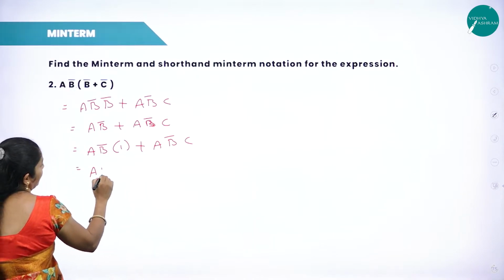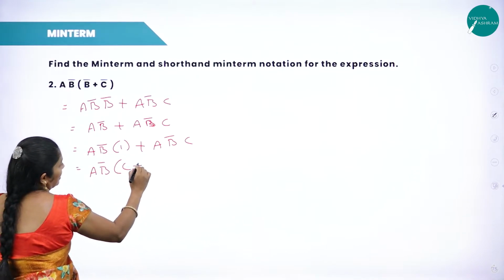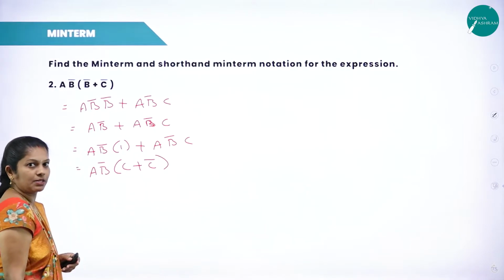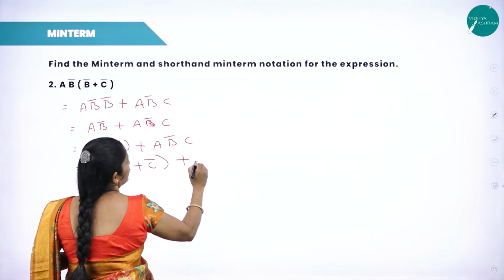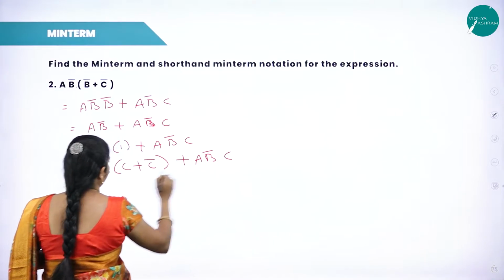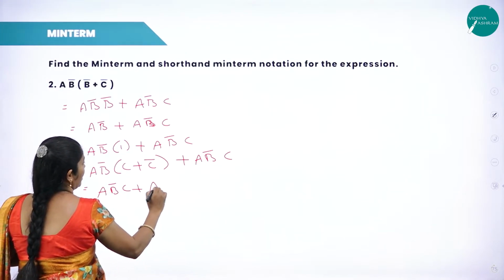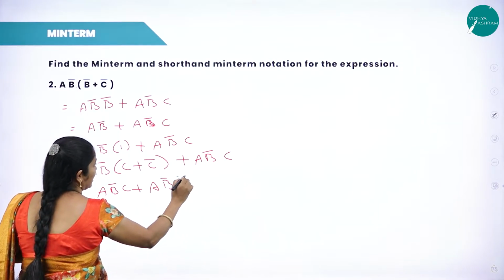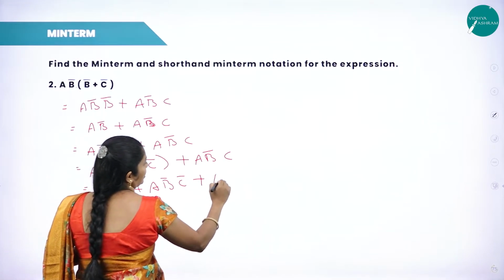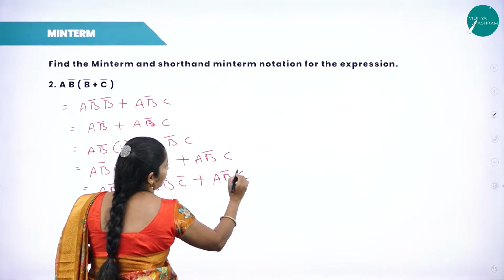Now here a b bar into c plus c bar. Substitute the missing variable plus the missing variable complement, plus a b bar c. Now distribute: a b bar c plus a b bar c bar plus a b bar c.